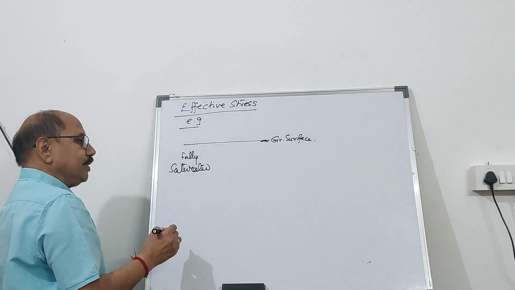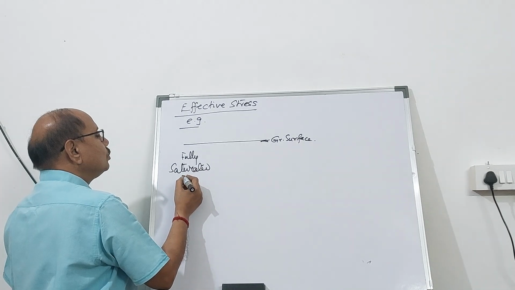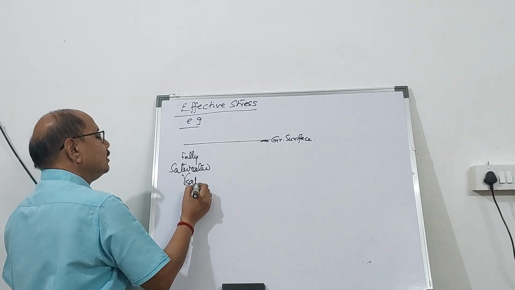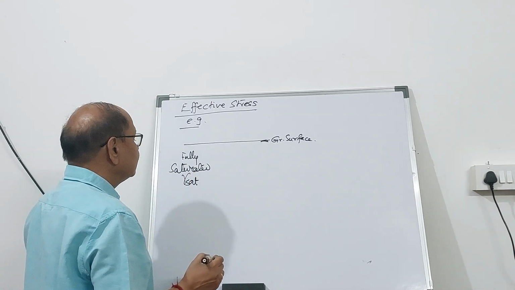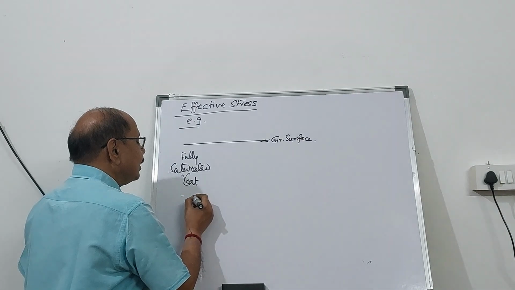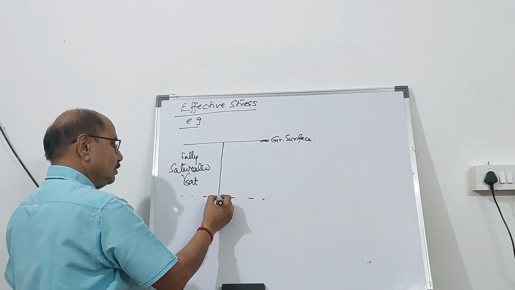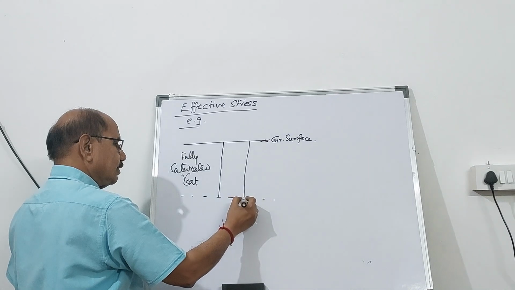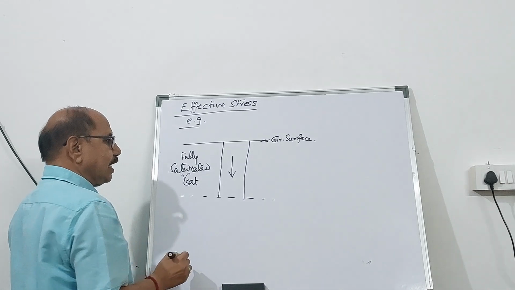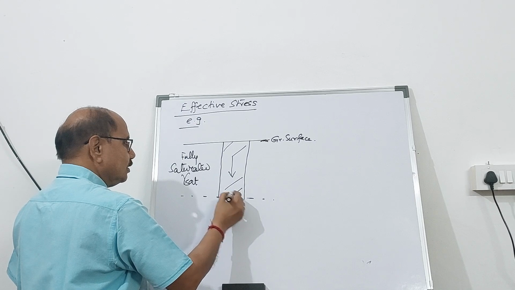If it is fully saturated, naturally the unit weight is gamma saturated, and let's say at a particular depth, the soil column, its weight will be acting at its CG. So this is the soil column which I am going to consider.